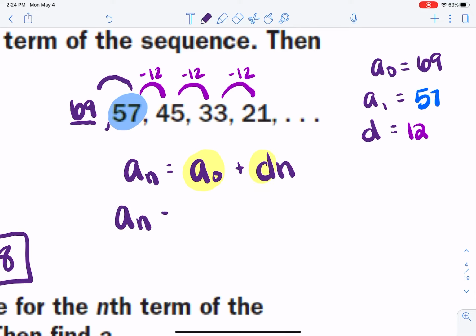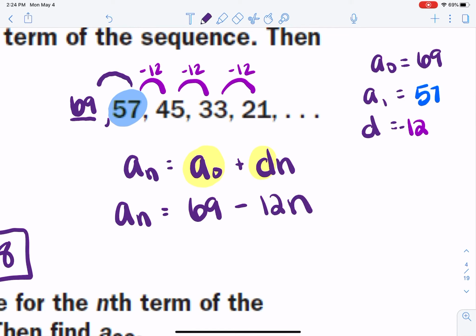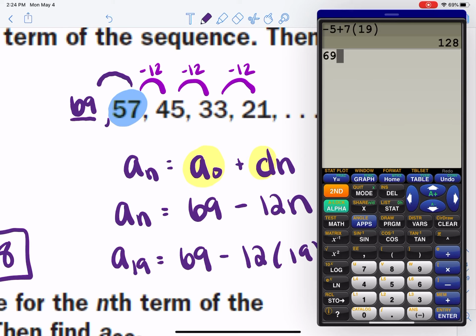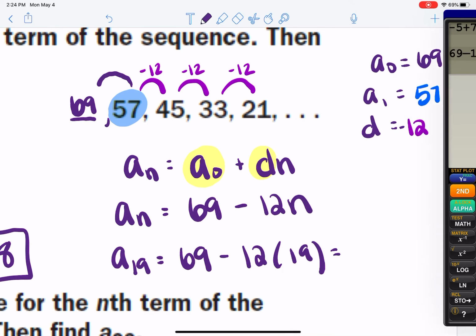So a sub n is equal to 69 plus 12, negative 12, my fault. That should be negative because we're going down each time, sorry. And then it wants the 19th term. So a sub 19 is equal to 69 minus 12 times 19. Again, great question for your calculator. And that's negative 159.